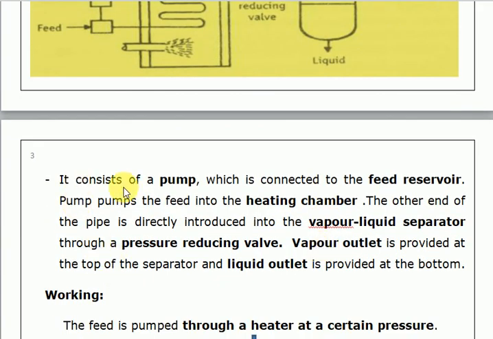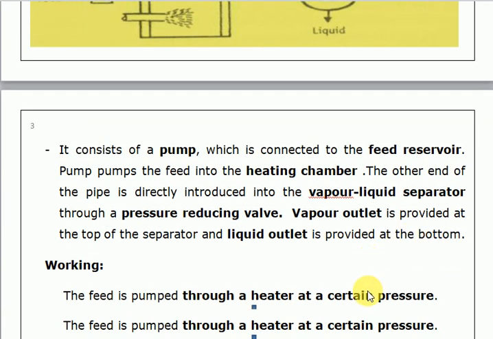In construction, it consists of a pump which is connected to the feed reservoir. We have already seen it. The pump pumps the feed into the heating chamber. The other end of the pipe is directly introduced to the vapor liquid separator through a pressure reducing valve. A vapor outlet is provided at the top of the separator and a liquid outlet at the bottom.